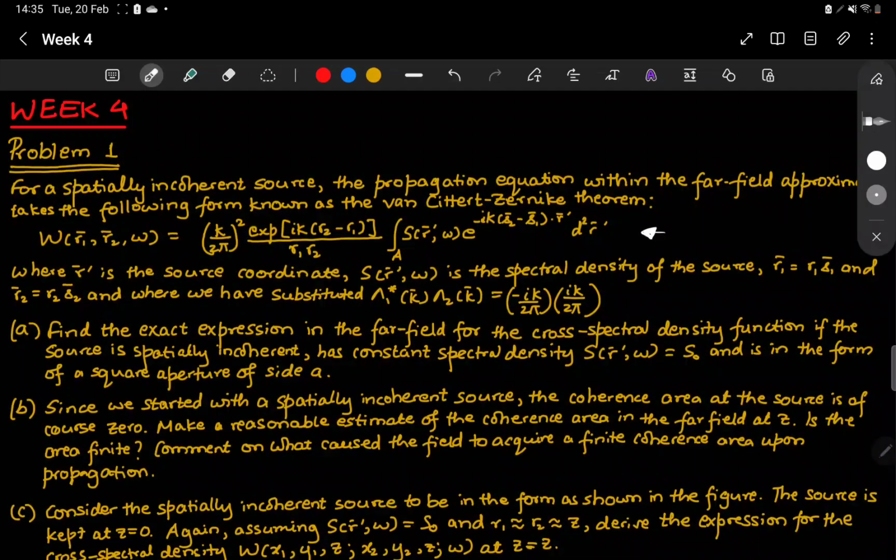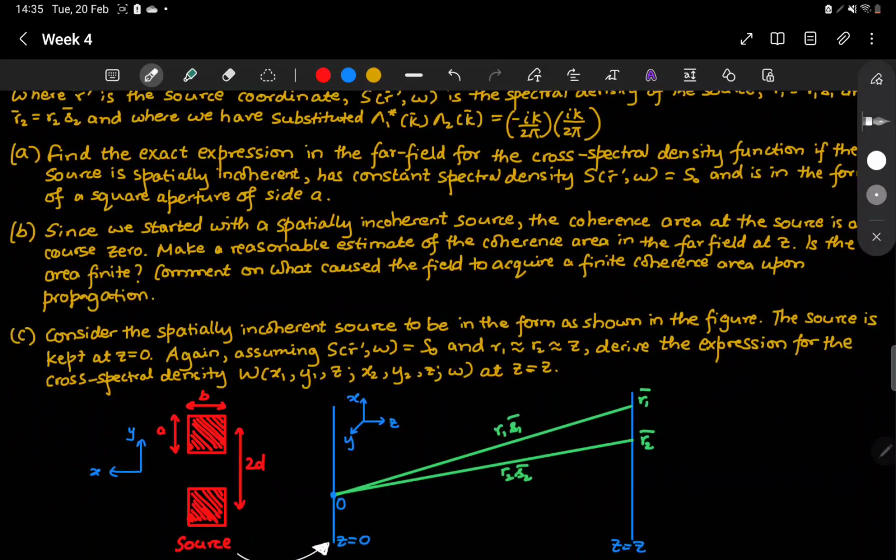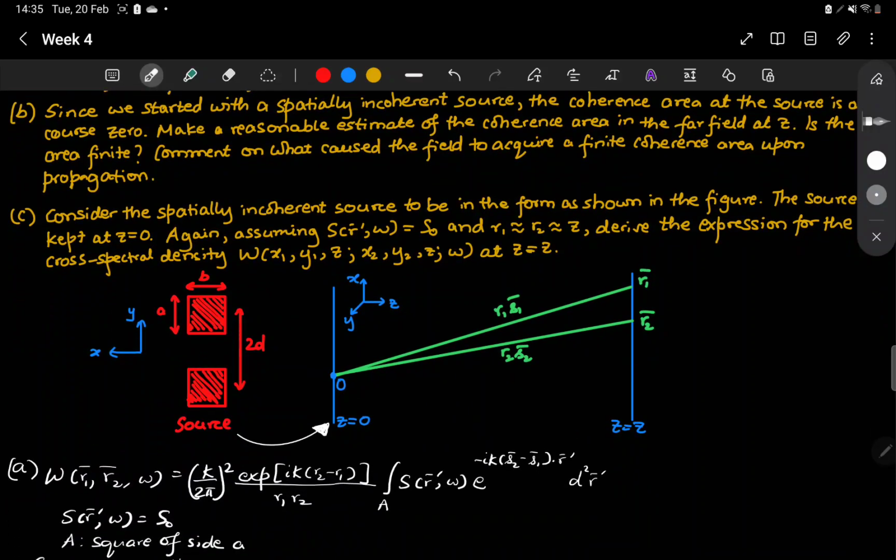So we made use of the Van Cittert-Zernike theorem to find the expression for cross spectral density in the far field and estimate the coherence area, and also a different kind of source. For that also we found the cross spectral density function.